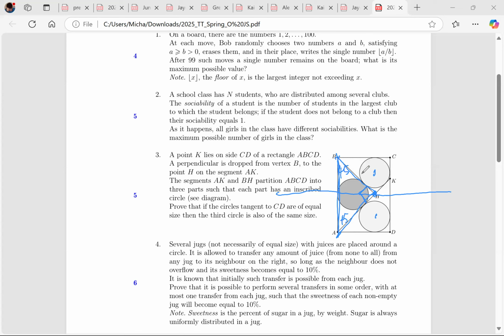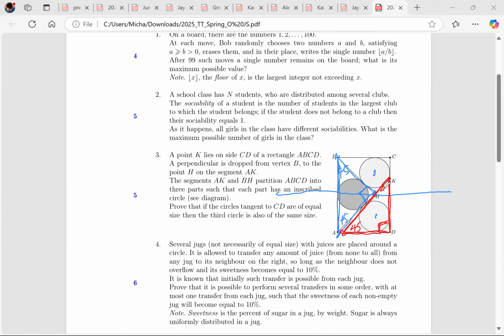And then this side here, so this triangle here also has 90 degrees, yeah? And it also has 45 here, okay?